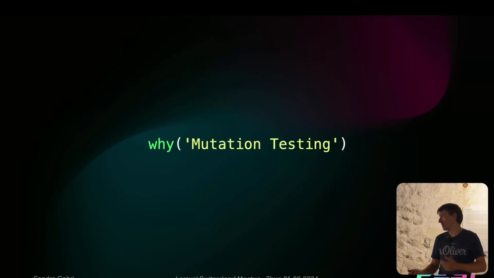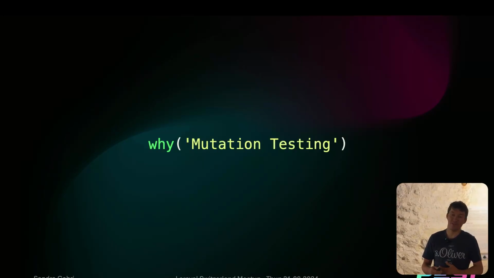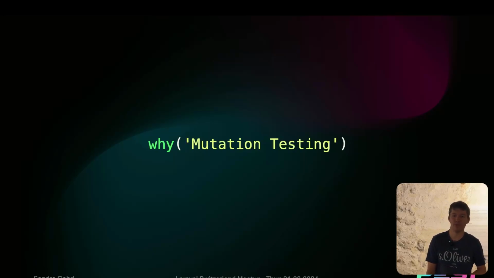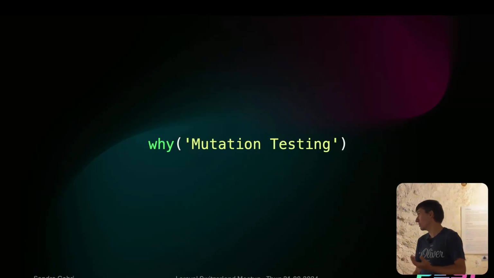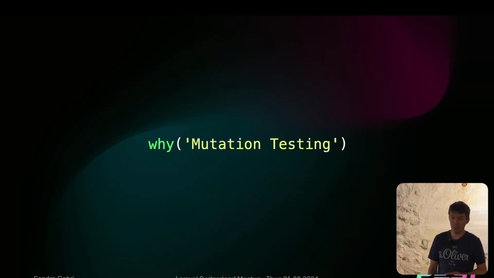So I stumbled upon this concept, then I stumbled upon Infection PHP. This is the standard library for mutation testing in PHP, but I wasn't very happy with it. So I tried to do something more in the Pest way, to make life for developers as easy as possible. The reason why I started this project is that I wanted to have it for myself.